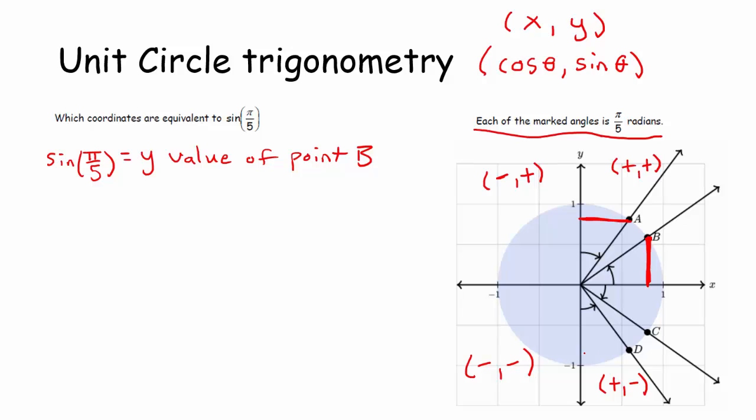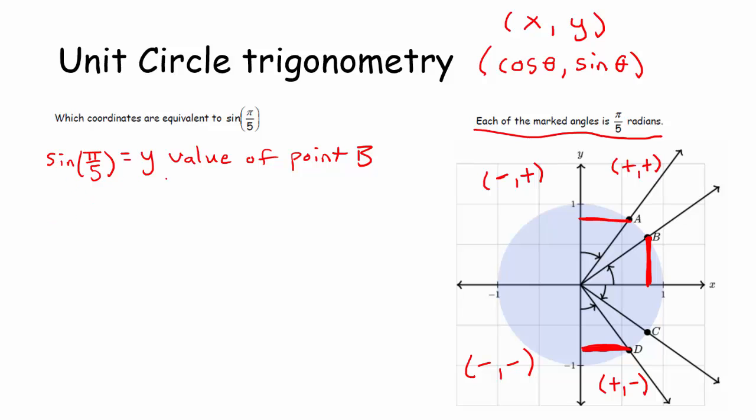But look at point D here. Look at the x value for point D. That's the same as the x value for point A. That's also the same as the y value for point B, and they're all positive. So there's sort of three answers here.